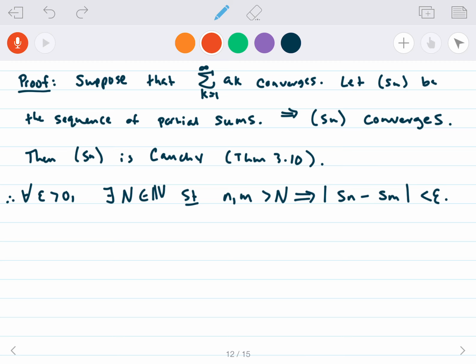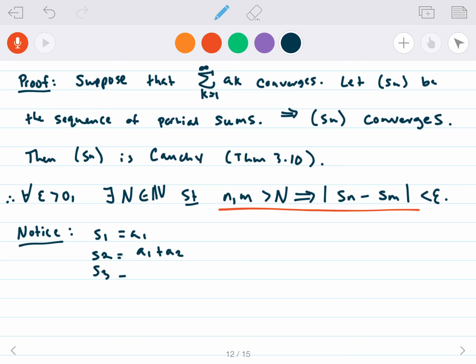So we have this. Now notice we have s sub 1 is equal to a1, s sub 2 is a1 plus a2, and so forth. We can generalize here by writing these partial sums in terms of the big sigma.